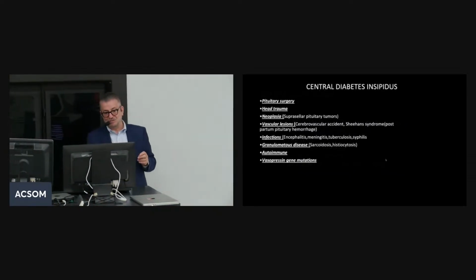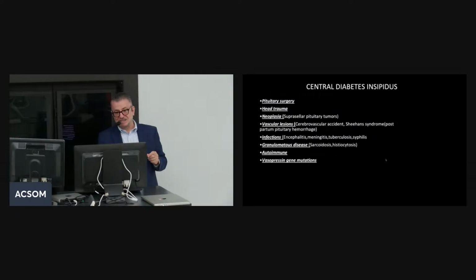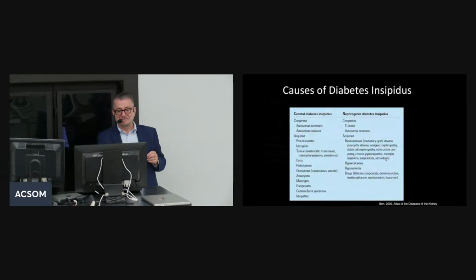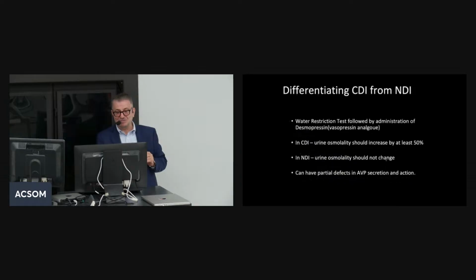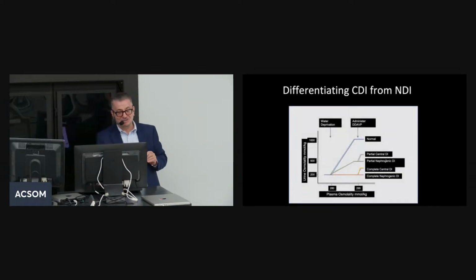And how do we know which one is which? Well, central diabetes insipidus is usually a disease of the head. Either you have a pituitary surgery, head trauma, things that happen to your head, and your ADH is not functioning anymore. And nephrogenic diabetes insipidus is when you get resistant to the effect of ADH.